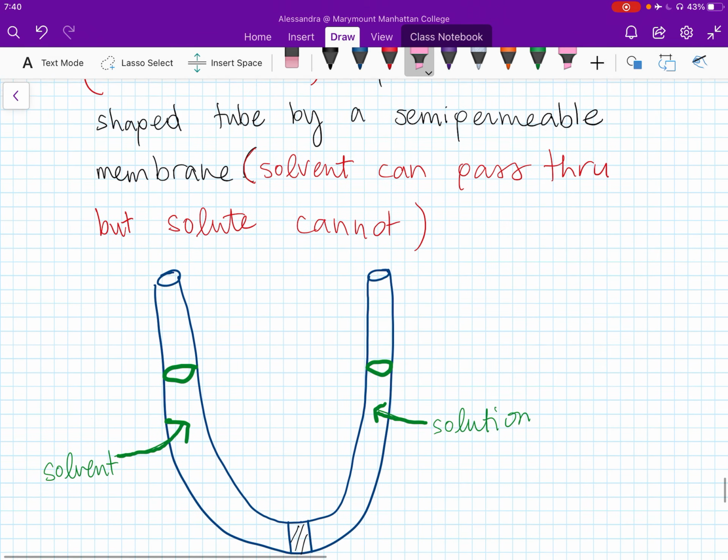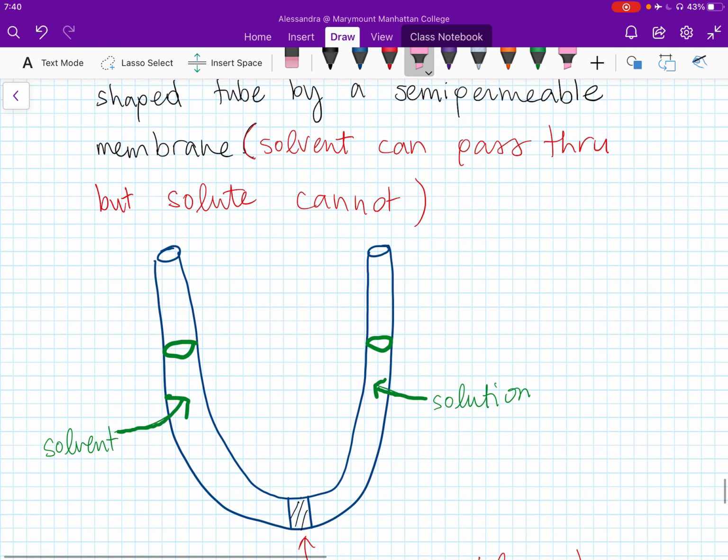Okay, so here's my U-shaped tube. In this U-shaped tube, they are separated by a semi-permeable membrane. Semi-permeable in this case means that solvent molecules can pass through, but solute particles cannot. Now, this makes sense if we have a large macromolecule.